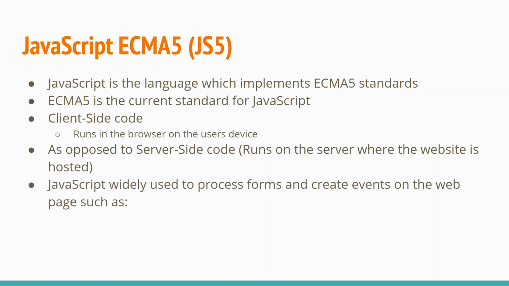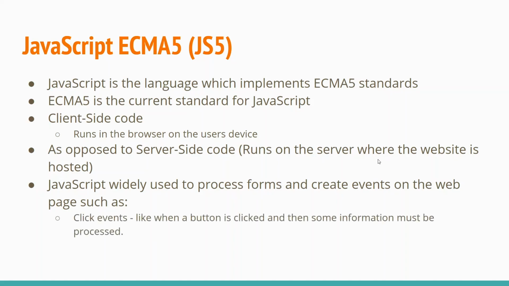JavaScript is widely used to process form information and to create events on web pages, such as click events, like when a button is clicked or an image is clicked, and then some information must be processed. For instance, maybe you want, when a button is clicked, that some form information be submitted to the server.